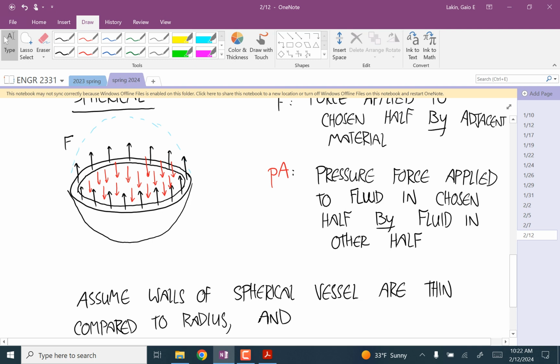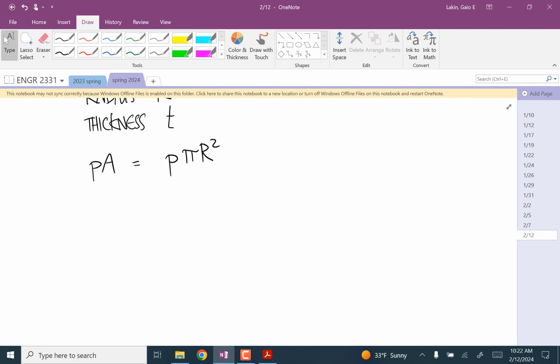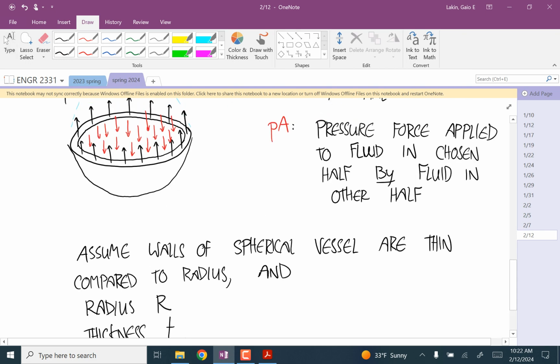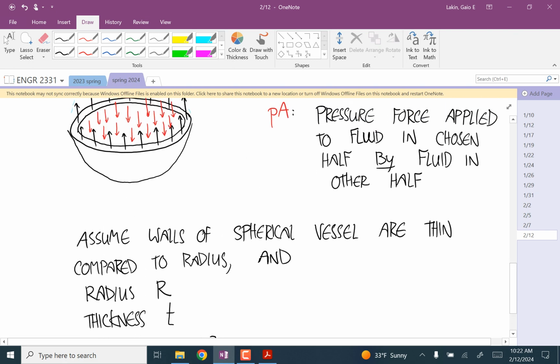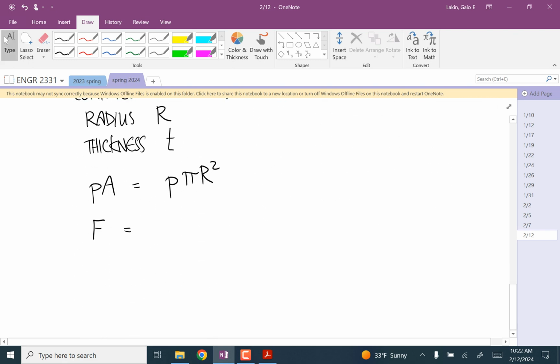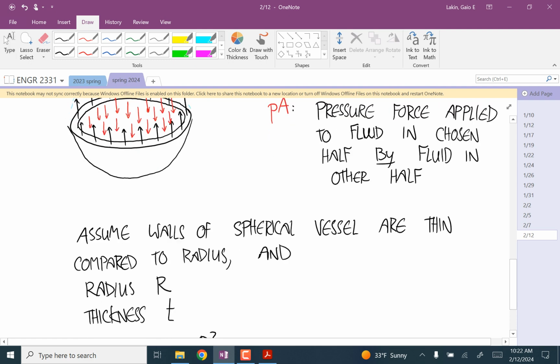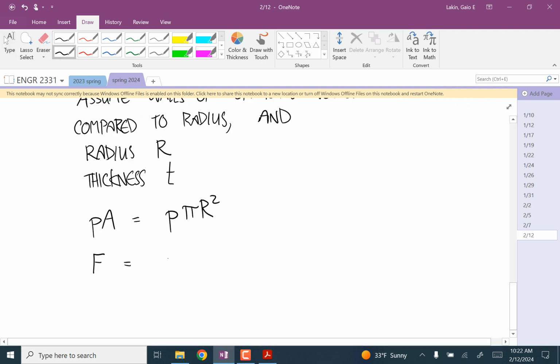And that force is going to be equal to the area in the material times the normal stress. So this is going to be the normal stress times the area of the, let's call it the rim.